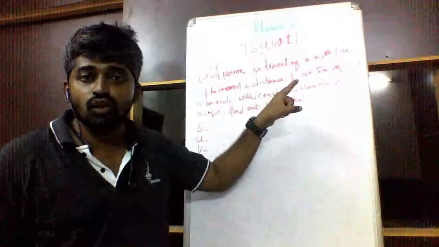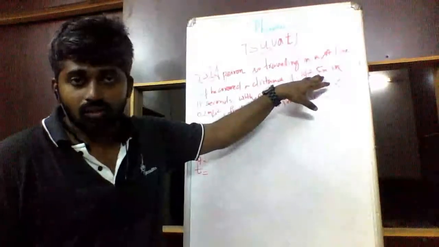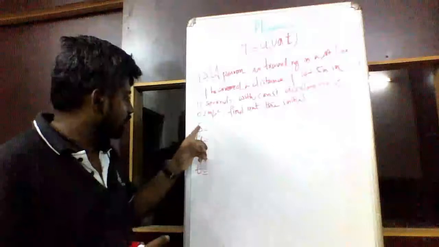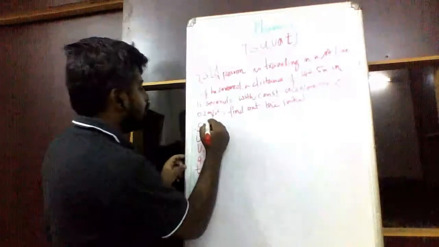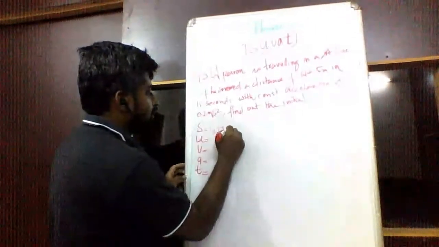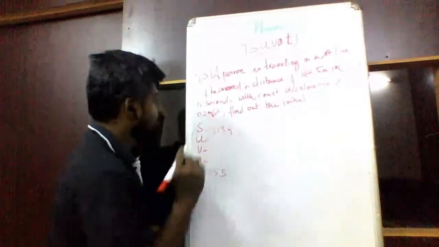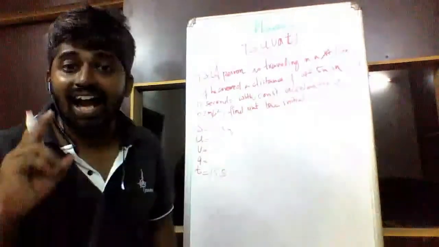If he covered a distance of 142.5 meter, so distance and displacement sometimes are used interchangeably. Okay, S is given, 142.5 meter in 15 seconds. Oh, time is given, with a constant acceleration.